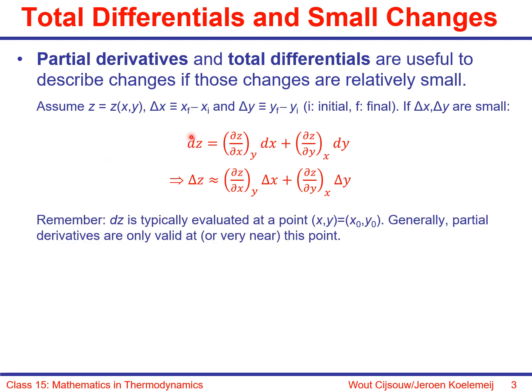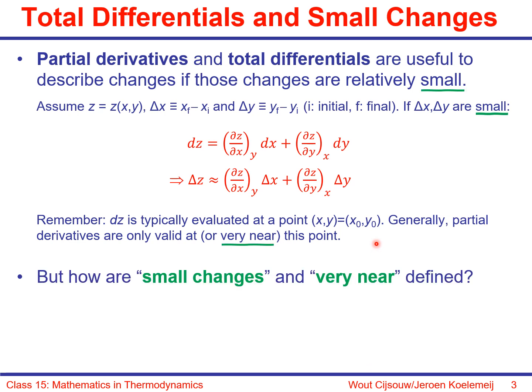Remember that this is a condensed notation. What this doesn't say explicitly is that these partial derivatives, for example, are evaluated at a certain point, which we could call x naught and y naught. And these partial derivatives are in general valid only at or very near this particular point in the plane.